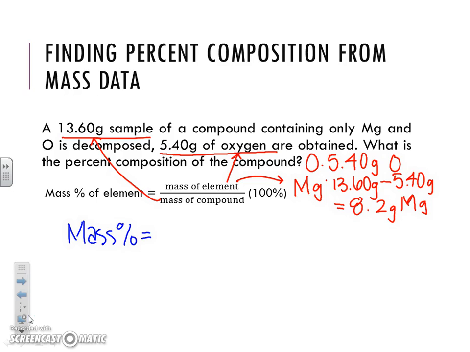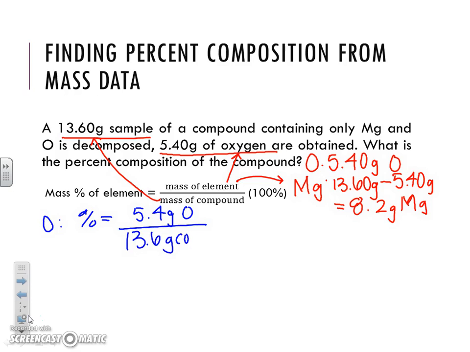So now to calculate the mass percent, let's go back and calculate specifically the mass percent of oxygen first. If we want the percentage of oxygen, we're going to do the mass of oxygen that they provide for us, which is 5.4 grams of oxygen, divided by the 13.6 grams of compound.